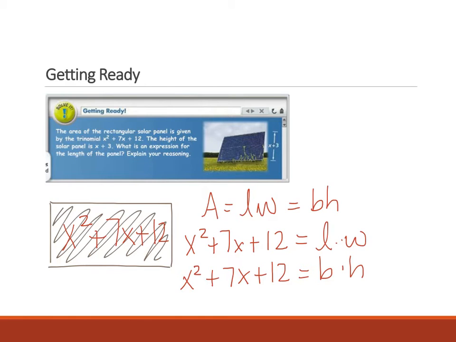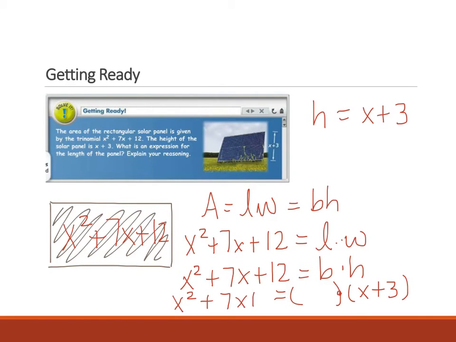The height of the solar panel is x plus 3. Which means that in this statement, I can replace height with x plus 3. And what that tells me is that I'm looking for the base, or the length, if the area is x squared plus 7x plus 12.